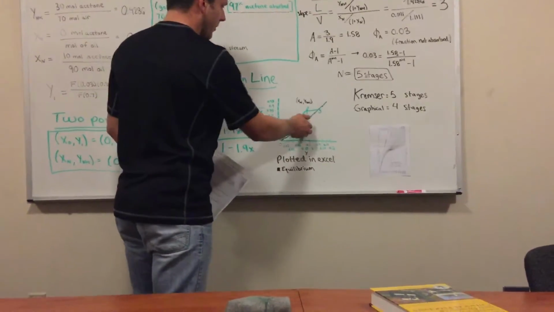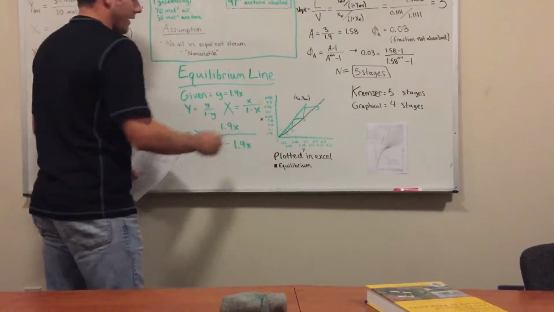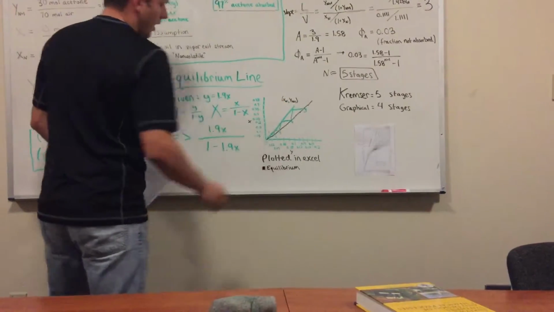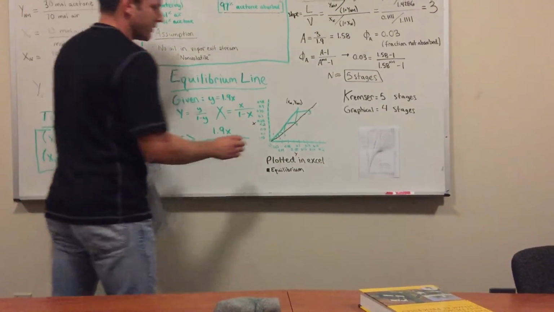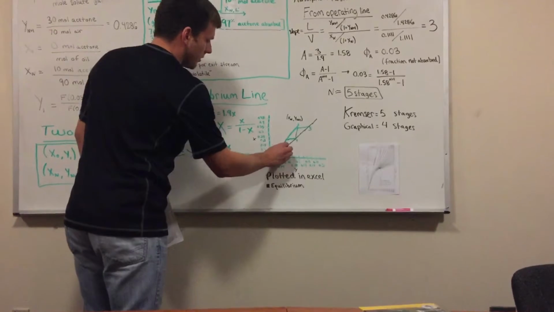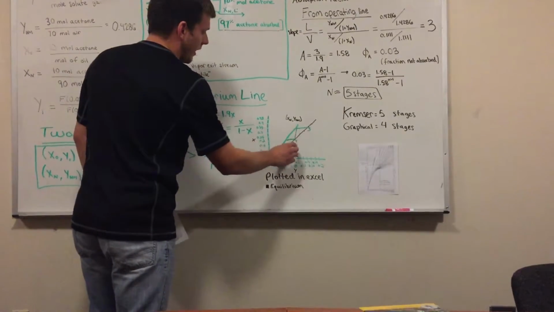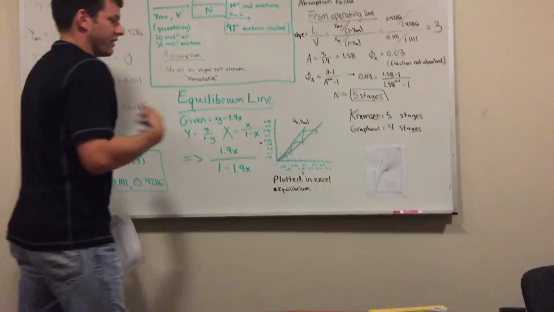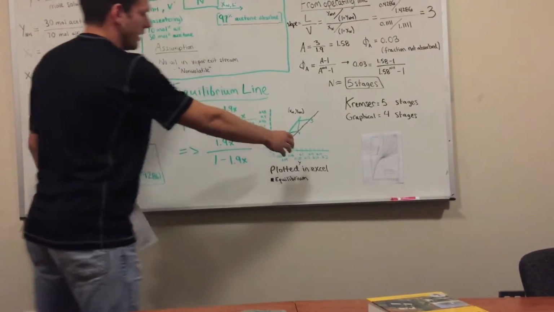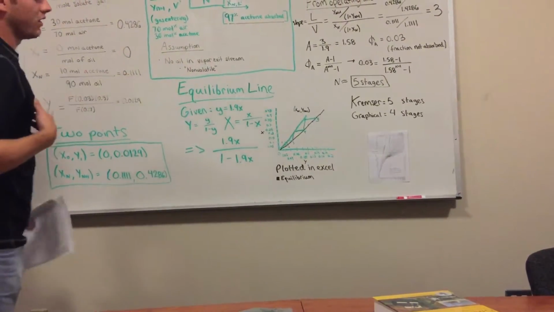We have our equilibrium line in black here, and then our operating line, the more straight line, over here. Using your points, you create almost a stair step going up. I found it to be between 4 stages and 5 stages using the graphical method.